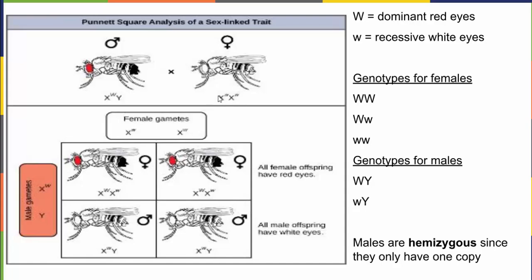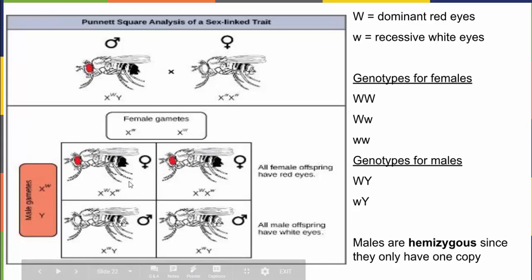The female has white eyes, so each of these W's must be a little w, and so each of these X's here has a little w. That was my mistake. I thought that one of those was a big W, but okay, so the female can only provide X's, and those X's only have the little w. The male has the big W or the Y.